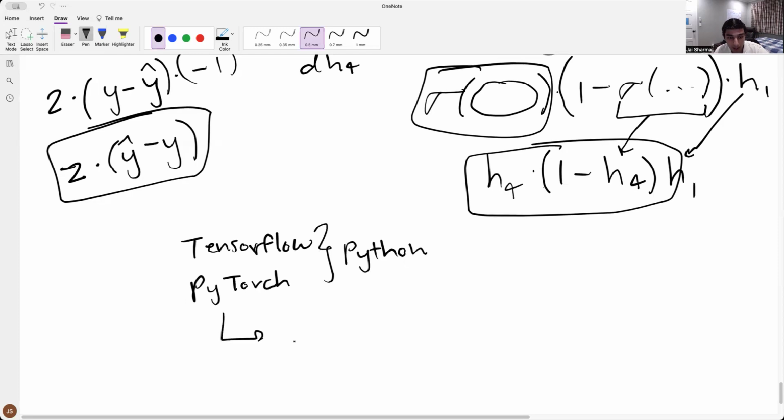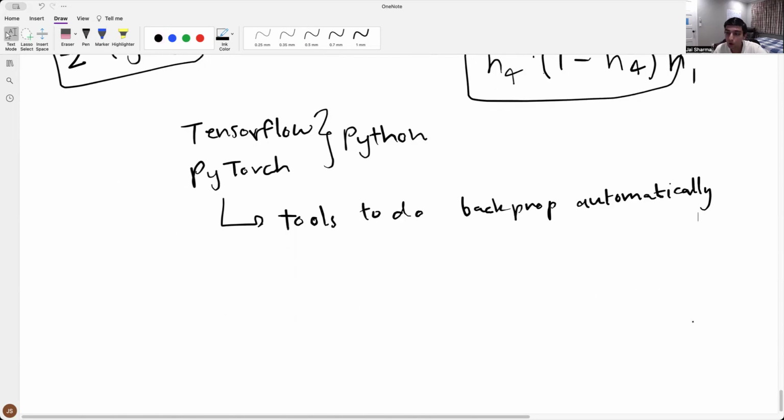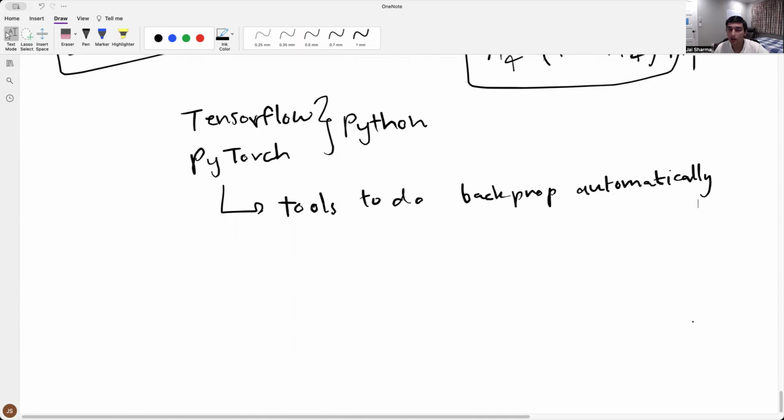So they have tools to do backpropagation automatically. And they use this thing called a computation graph, where essentially they split everything down into its most fundamental pieces.